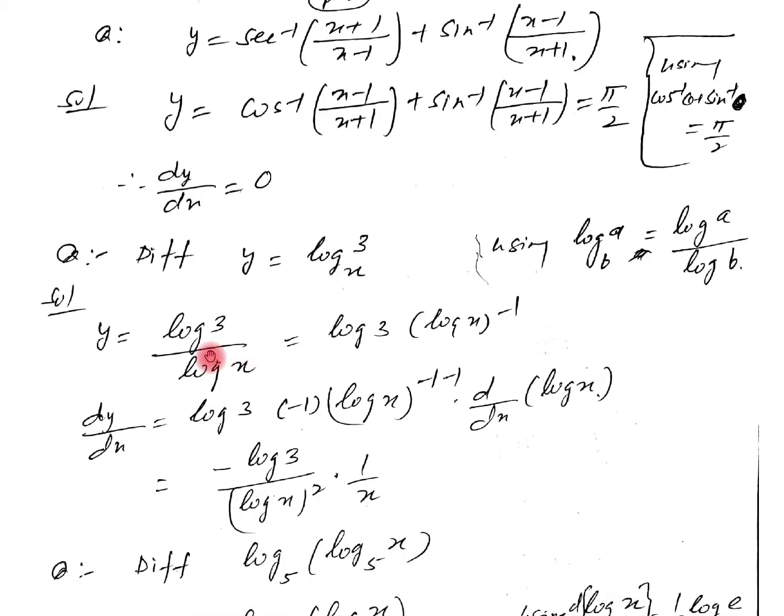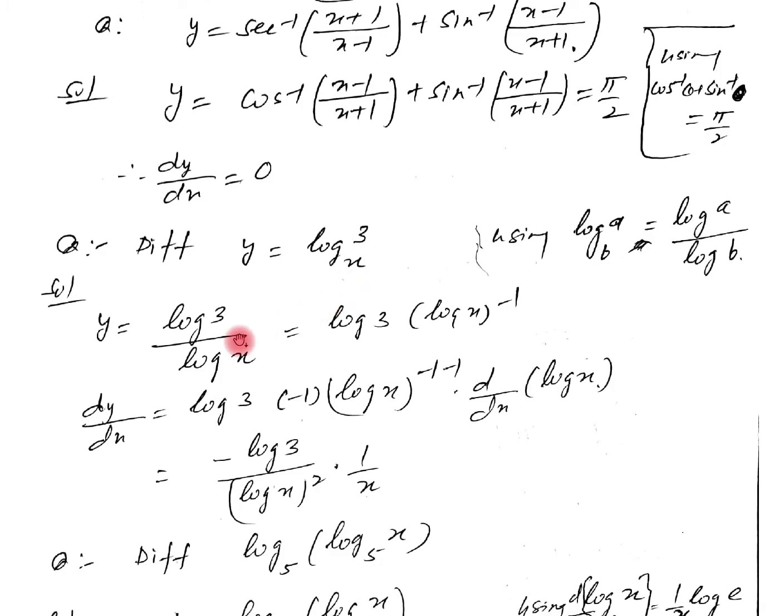Now here see the differentiation of logarithmic function. Differentiate y equal to log of 3 with the base x. Now let us see how to do the question. Here we have to use the laws of logarithm. We have written here log of a with the base b is equal to log of a upon log of b. This is known as the base changing formula.